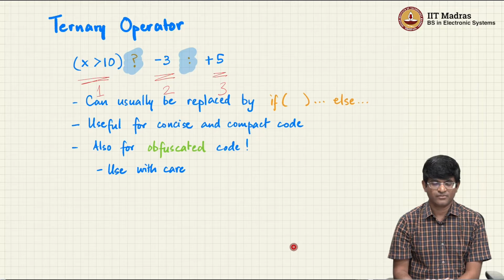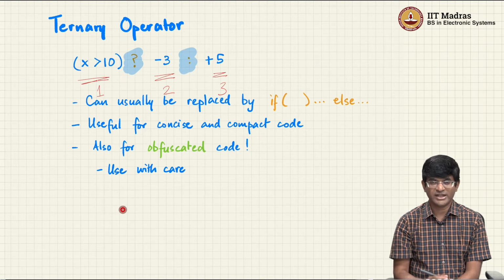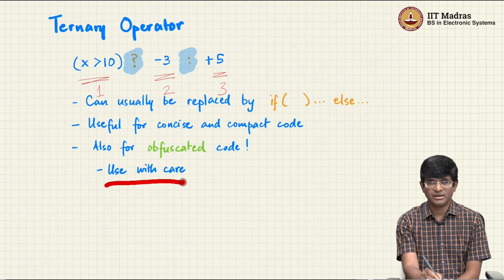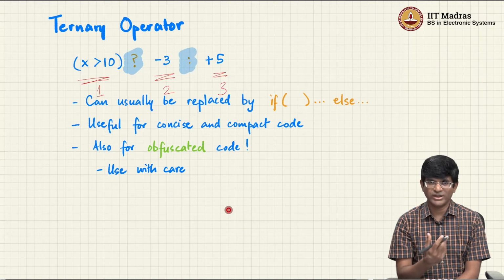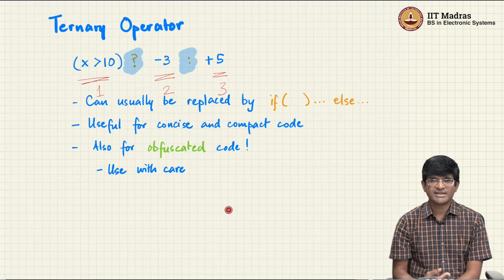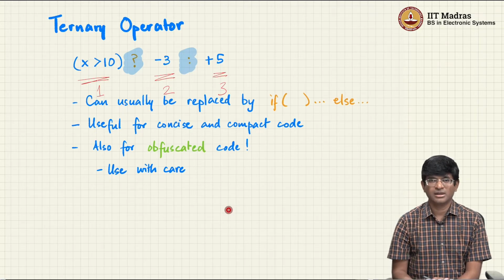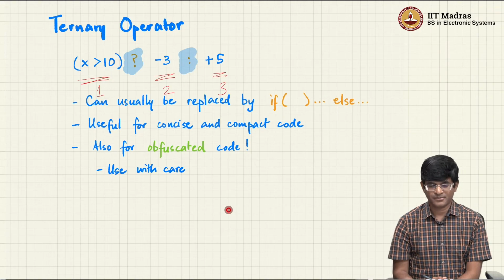In general, the only advice, just like with many other potentially useful yet potentially problematic parts of C, is use it with care. Do not just say it will never be used, because there are places where it makes the code easy to understand. But avoid nested ternary operators, which can be done, and try to use it only where the if else is very obvious and easy to understand.